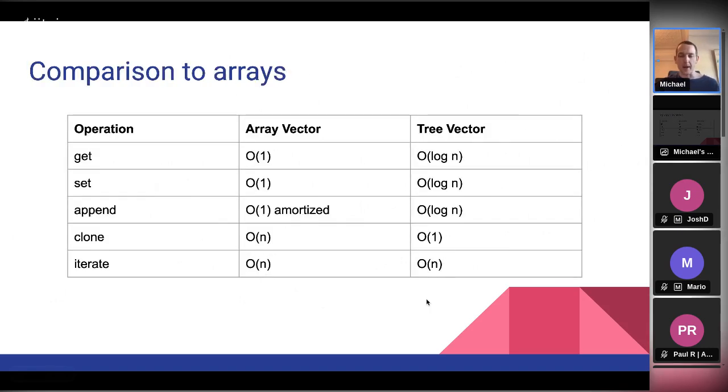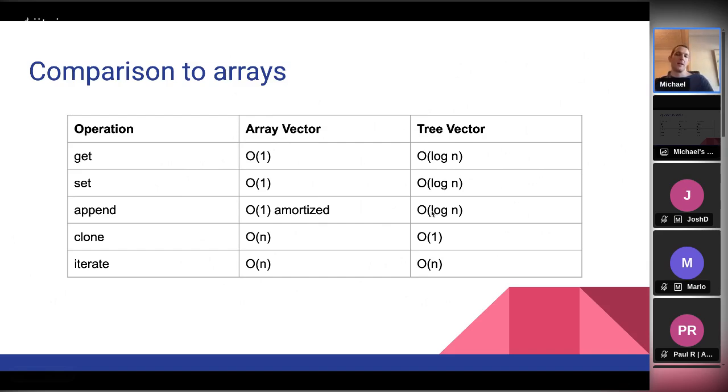There are some performance differences between this tree representation and an array that you would usually use to represent a vector. Because it's a tree, most of the operations like get, set, and append are O(log n), because you have to traverse down to the leaf, where n is either the maximum length of the list, which is what we use quite a lot in SSZ, or the number of things in the list.